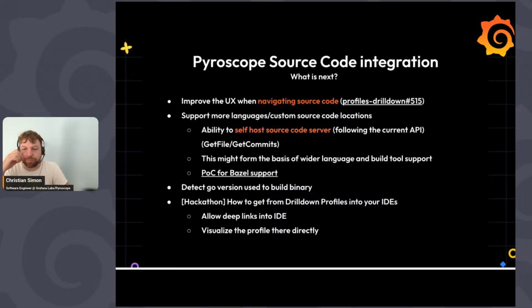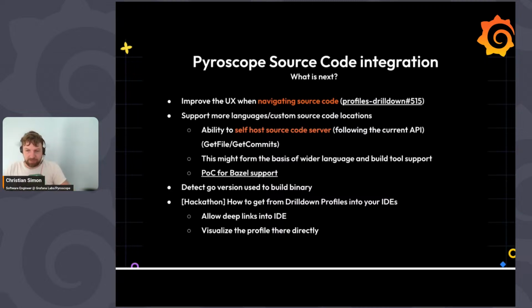So we basically want to detect the Go version, the source repo URL, and the commit hash, and pass that all the way into Pyroscope and then use it in the UI. Right now, there are a couple of things preventing us from doing this, and I hope with the adoption of the OTLP format and the semconv around OTLP attributes, it will help us propagate that information properly and also build it into most, if not all, profilers.